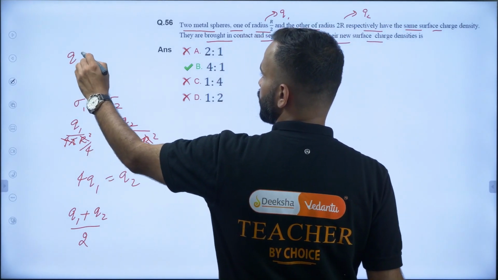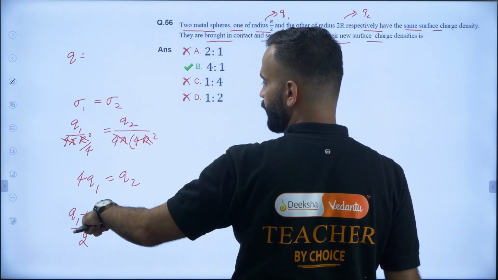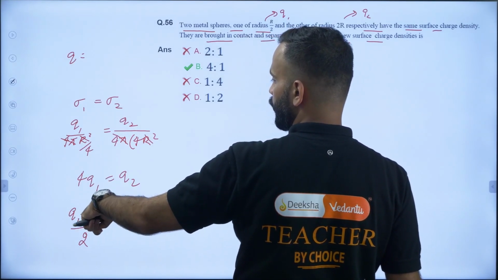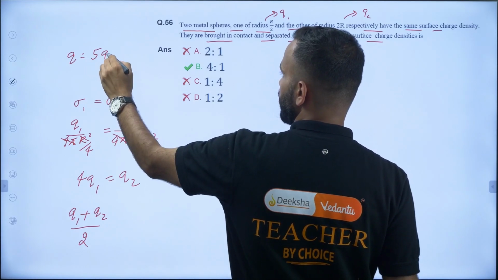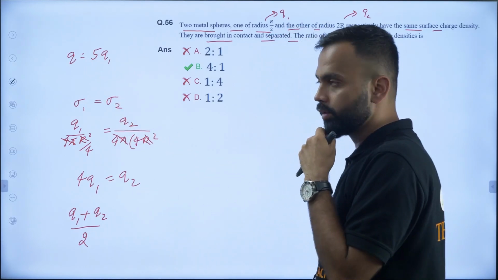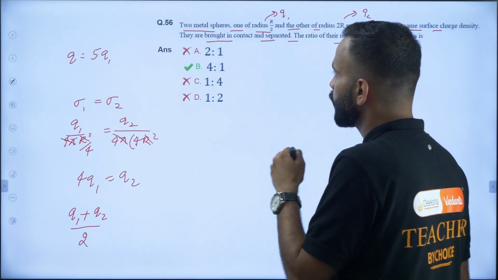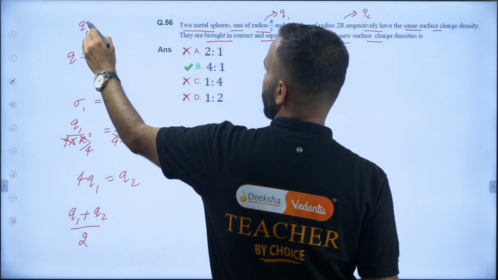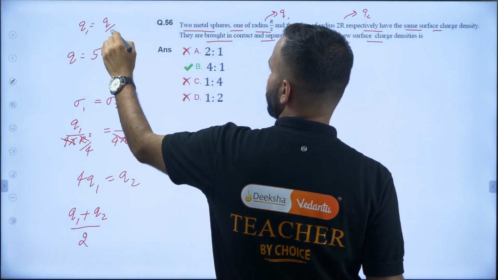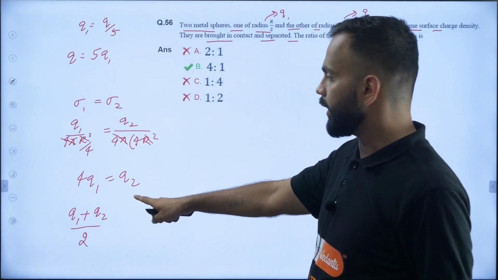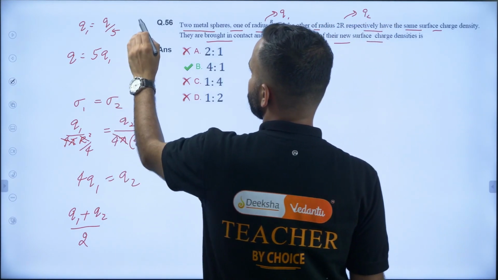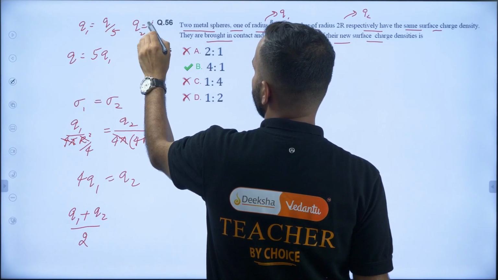The total charge Q is equal to Q1 plus Q2, that is 4Q1 plus Q1, 5Q1. So Q1 is equal to Q divided by 5, and Q2 is equal to 4Q divided by 5.